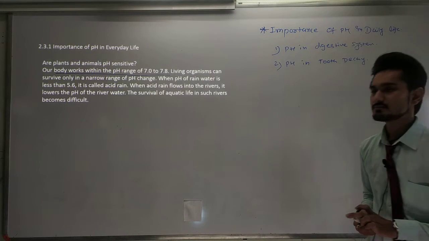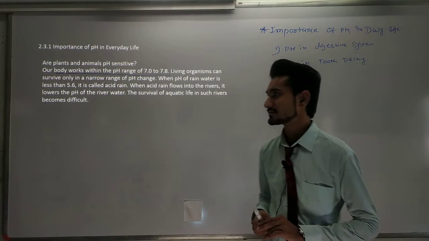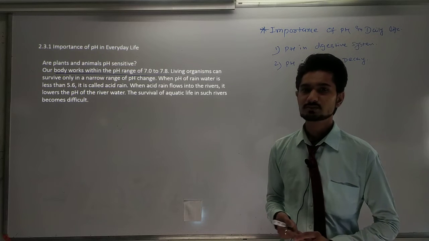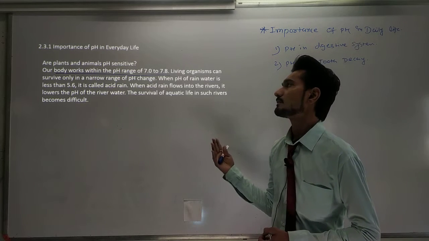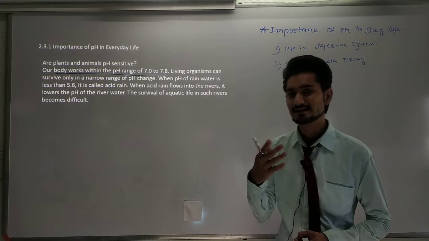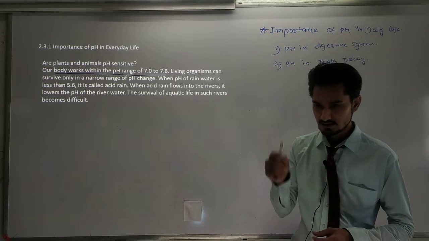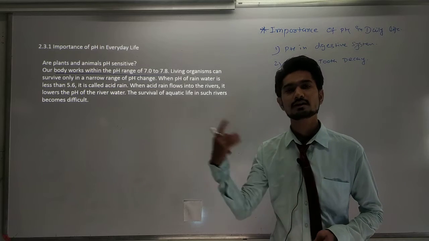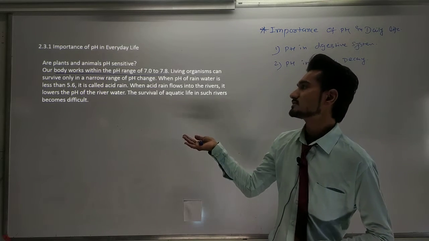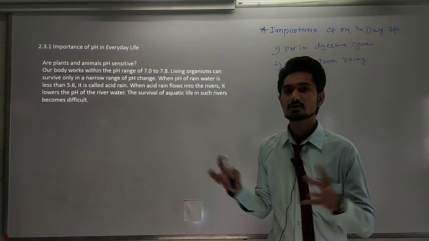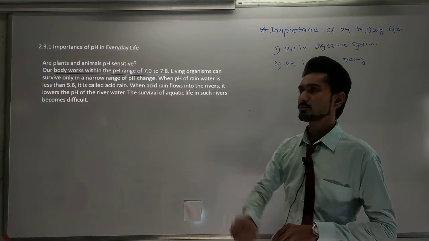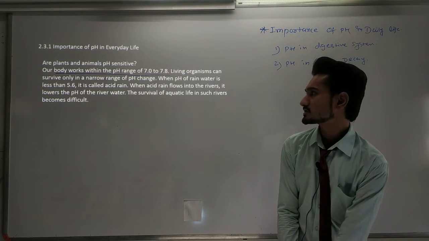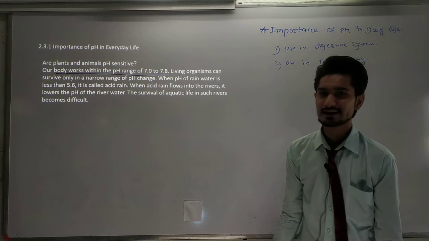Sometimes in an MCQ the question will be asked, at how much pH value does our body work? In the MCQ the options will be given as A 7.8, second 8.2, 8.6 and 9. So in such MCQs or objectives you can select the 7.8 value, okay, because our body generally works within that range.